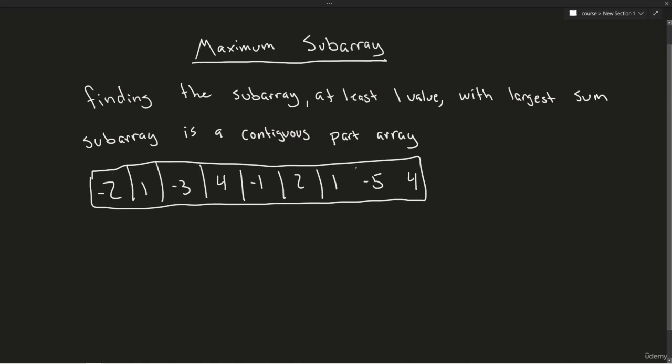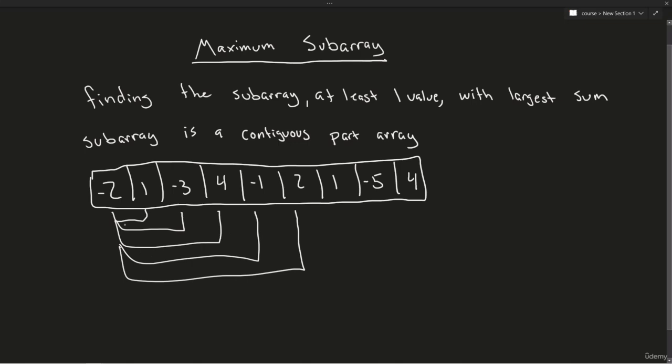So a subarray is a contiguous part of an array. So that means that the values are in order, right? So -2 to -3, that's not a subarray because you skipped over the 1. So 2 to 1 would be 1, 2 to 3, 2 to 4, 2 to -1, and so on and so forth, all the way over here to the end.